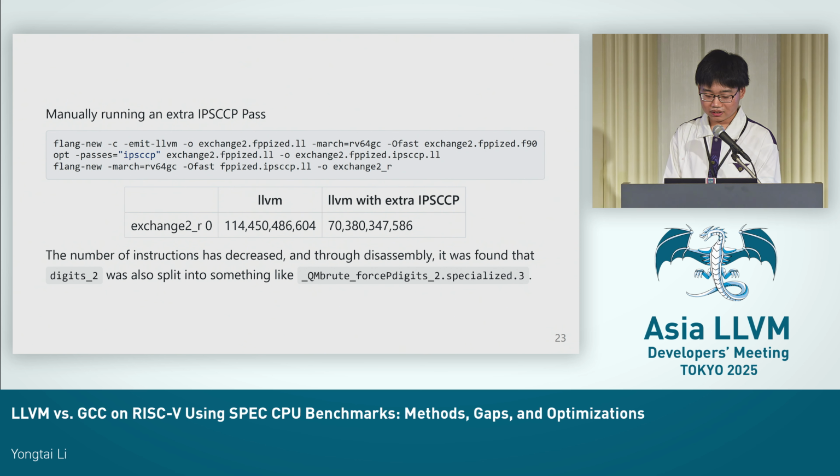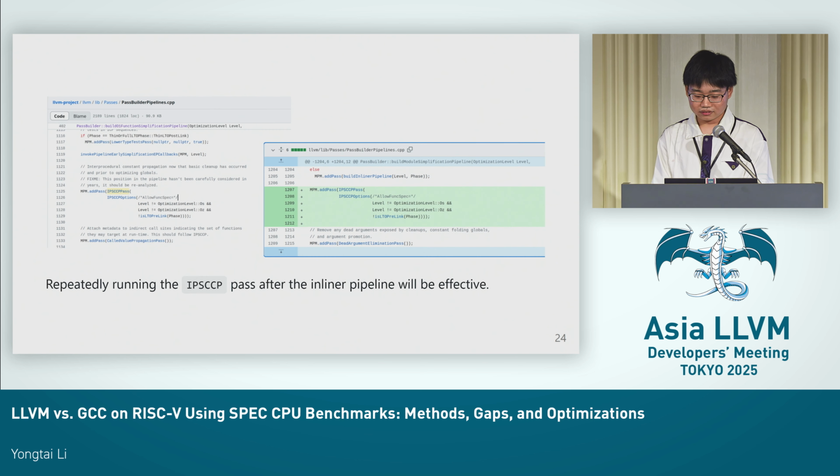There's digit2.specialized.3. And we tried to add an extra IPSCCP pass to the pass pipeline and checked each position. It makes a difference as long as we place it after the inliner pipeline. The next two slides show how well this works.